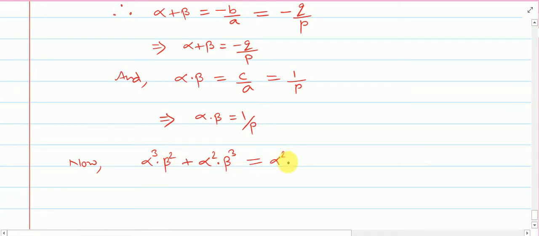So α²β² comes out. In the first term you are left with alpha, and in the second term you are left with beta.